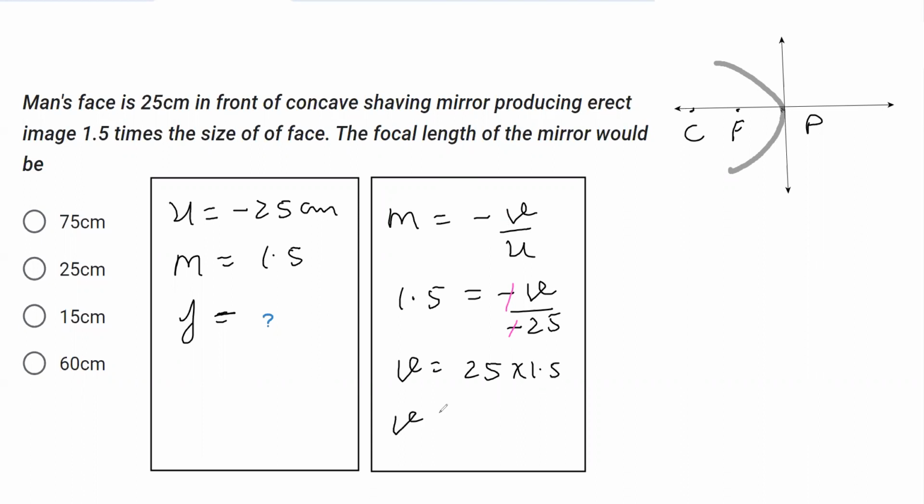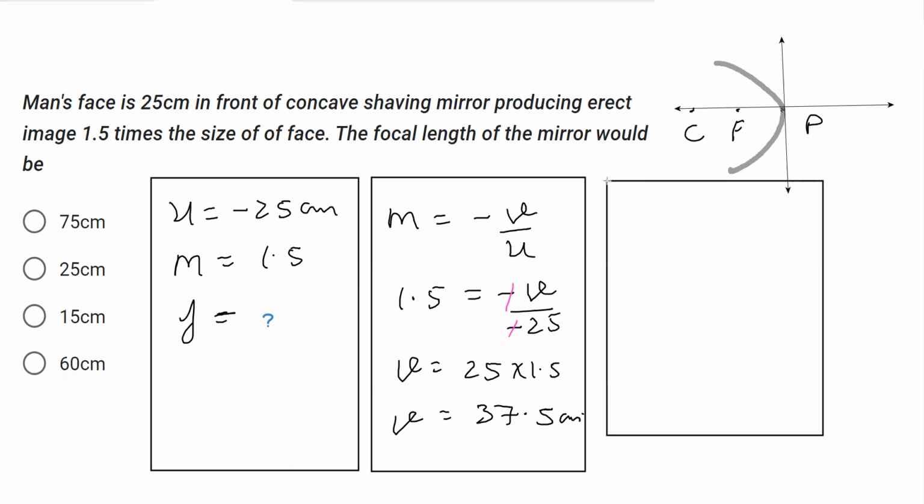So that will give you the image distance, and the image, as you know, in case of a shaving mirror, is virtual and erect, and it is on the right hand side of the mirror. So it's coming as 37.5. Now, this is in centimeter, as the object distance is given in centimeters.